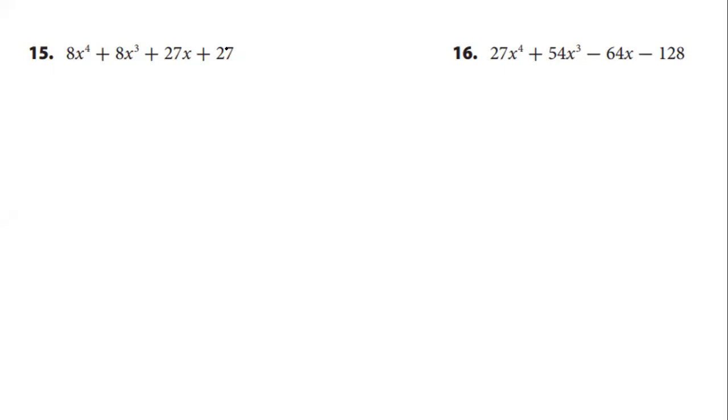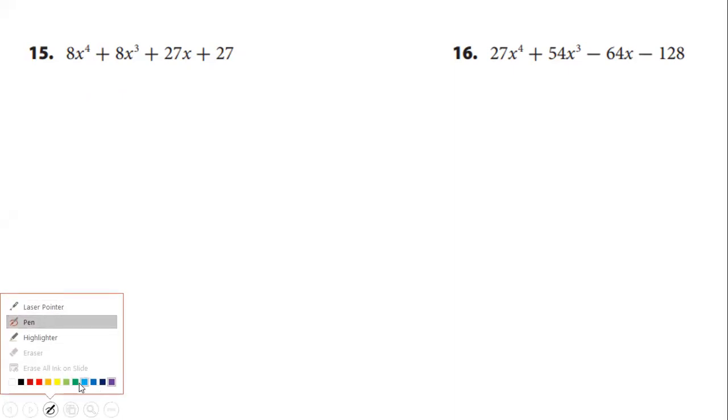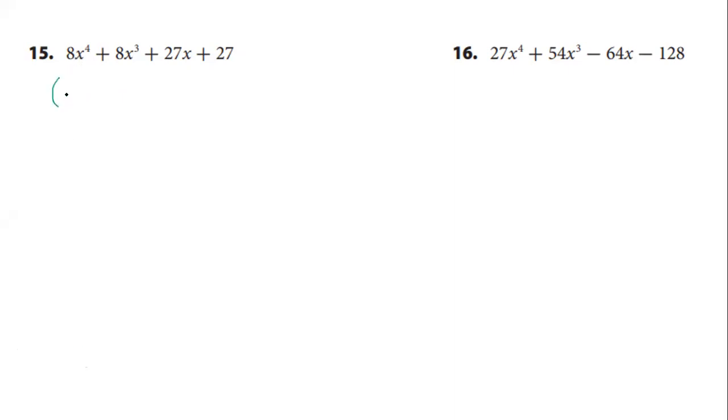Rani, how are you? Okay, so here we will make parentheses around 8x to the power 4 plus 8x to the power 3, and another parentheses around 27x plus 27.